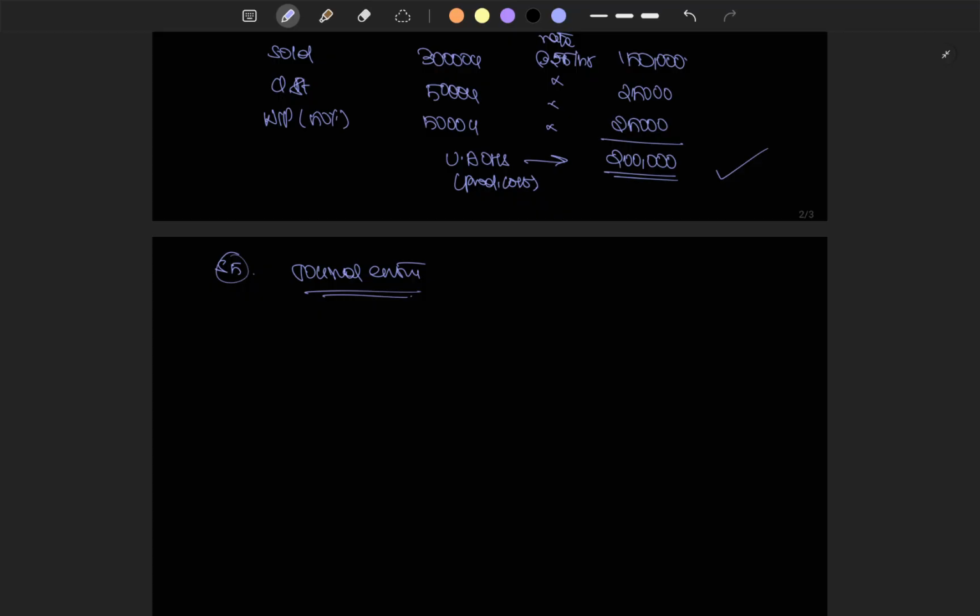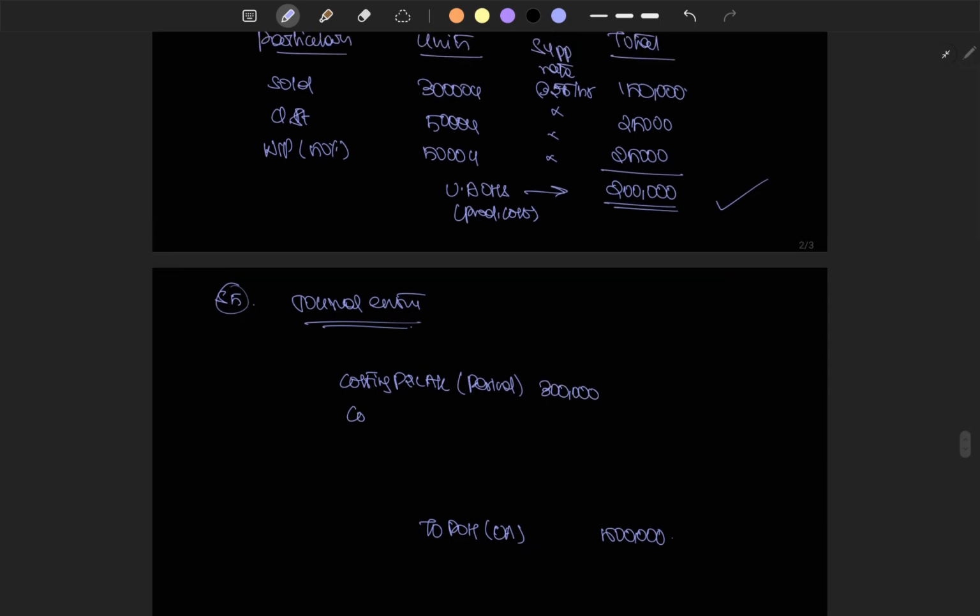All these overheads are purely related to production overhead that we know. So production overhead, which is under absorption of 5 lakh rupees, right? So what are all the things which have been involved here? Costing P and L we have seen, which has been treated as period cost, right? So that amounted to 3 lakh rupees.